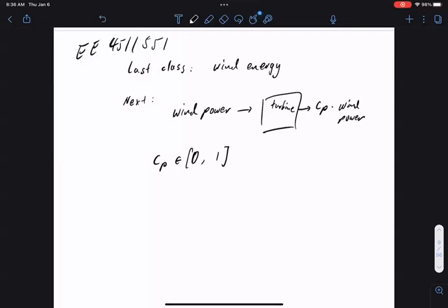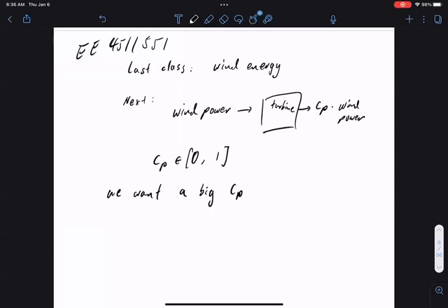The goal of this class, and possibly early next class, is to figure out how you control this number. What we want is a big coefficient of performance, as big as possible. We want to extract as much power out of the wind as possible.